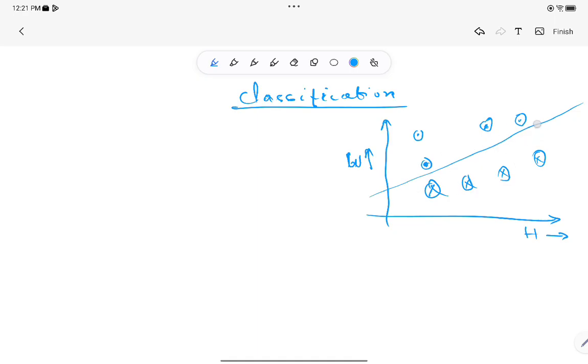You cannot find a straight line that can have obese on one side and non-obese on the other side, because you have this relation between height and weight. BMI is equal to weight by height square. By cross multiplication, weight is equal to BMI into height square.